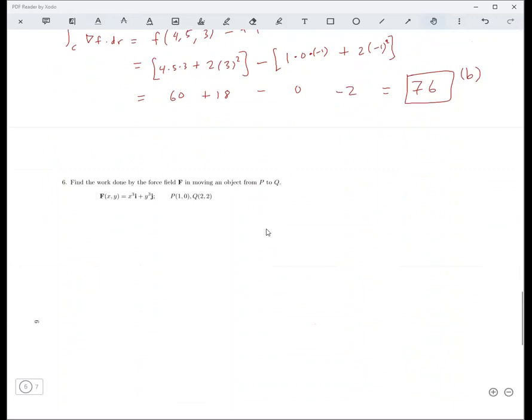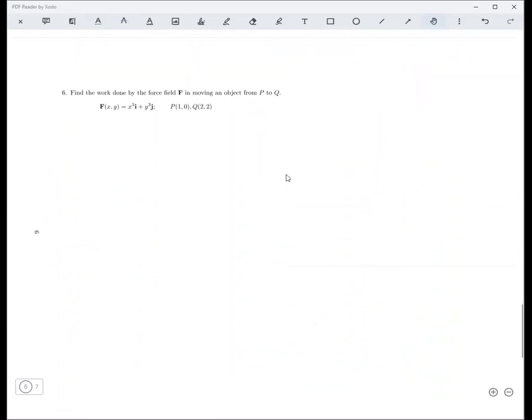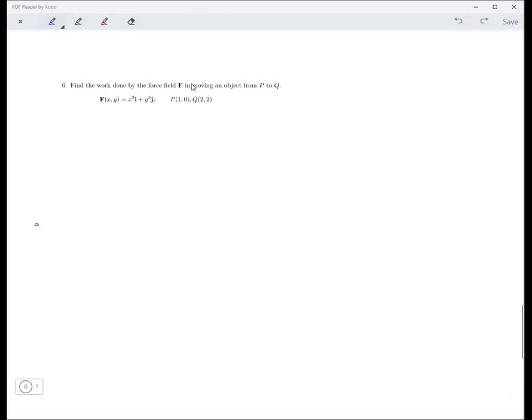Okay, number 6. Find the work done by the force field F in moving an object from P to Q. So here we have this force field, and they want to move an object from here to here. So first of all, the work is going to be the line integral of F dot dr. This is a conservative vector field.